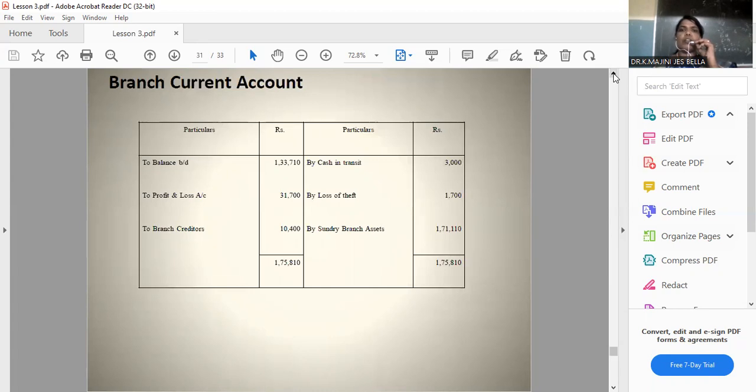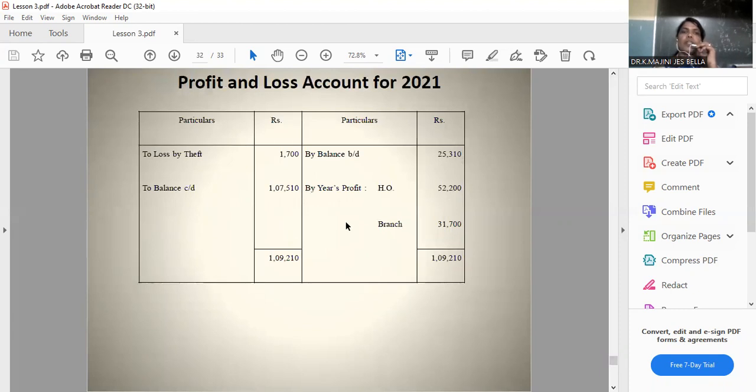How much is the amount lost by theft? 1,700. You have to write it. Loss by theft 1,700. Then by balance BD.